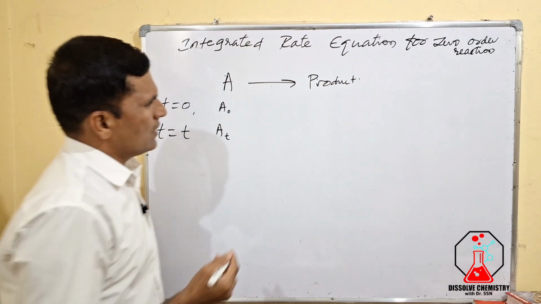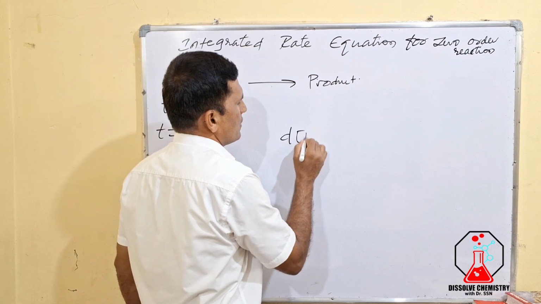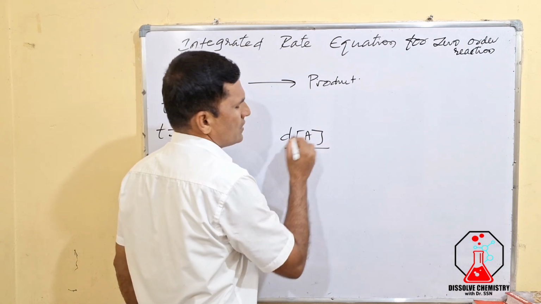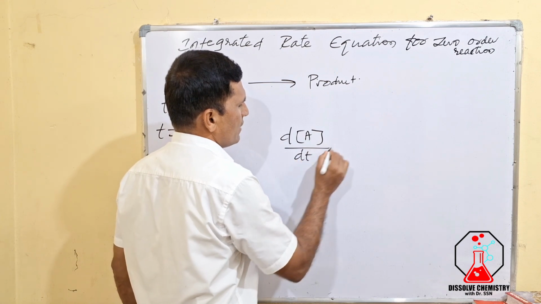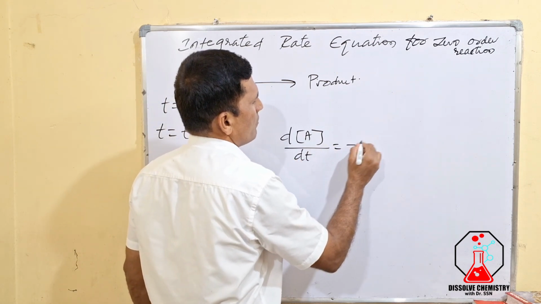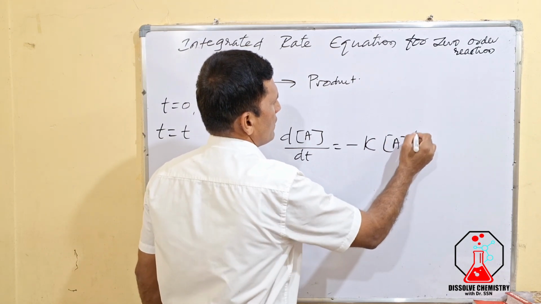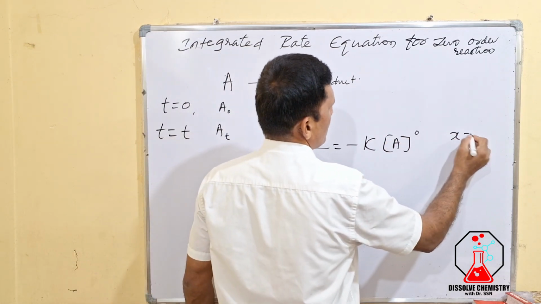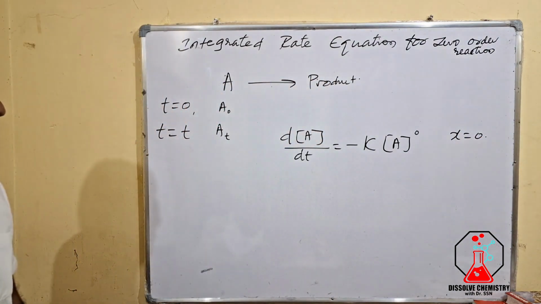Now the differential rate equation: dA by dt, change in concentration of the reactant with time, is equal to minus k into A to the power 0, because it is a zero order reaction, therefore x is equal to 0.